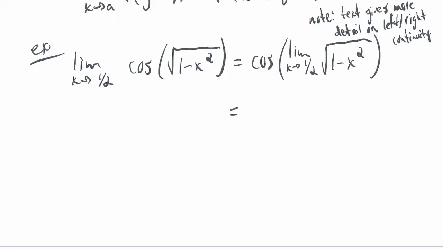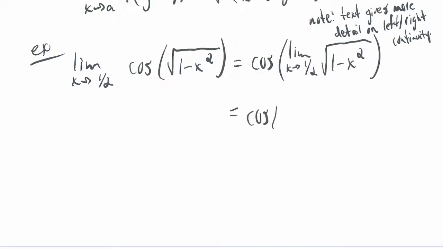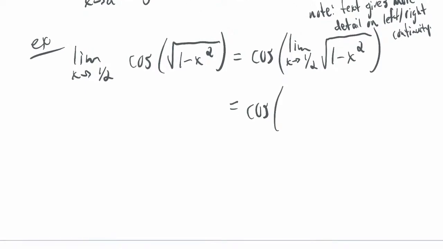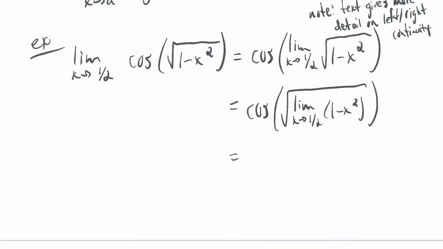So this is the cosine of the square root of the limit as x goes to 1/2 of 1 minus x squared, right? So now we can say, can we plug in now?